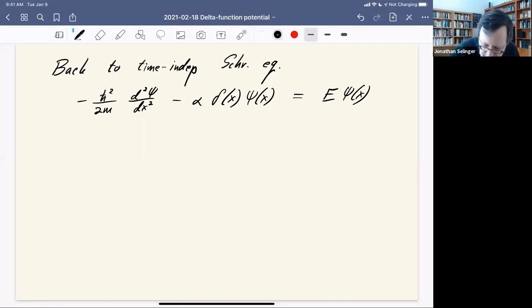Okay, and now I want to take both sides of this and integrate. So on both sides of this, I want to integrate dx.